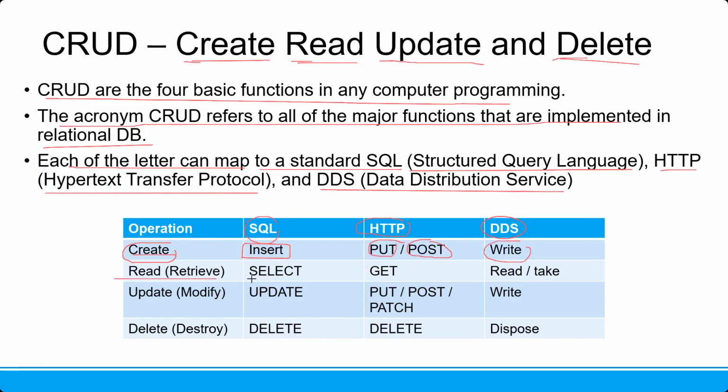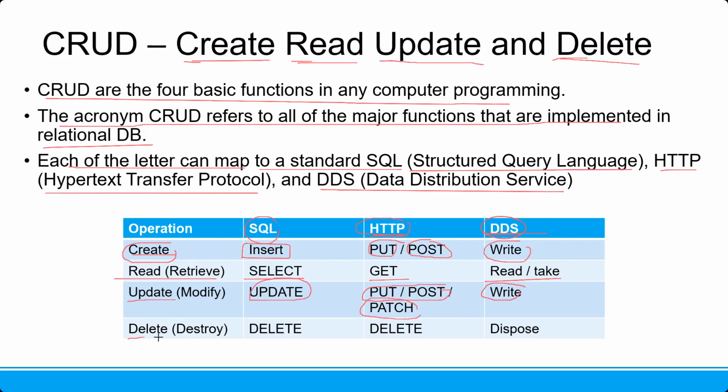When you want to read in the database, you can use select. When you use HTTP, you can use get. And when you use DDS, you can use read or take. When you update, you can use update. If you use HTTP, you can use put or post or patch. For DDS, you will use write.